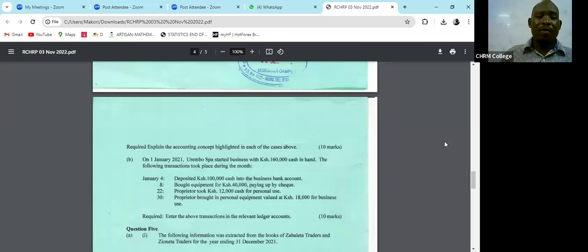Anytime money is received in the business bank account, we debit the bank account. So we are receiving money in the bank account, we debit bank, money is coming from cash, cash is reducing, you credit the cash account. That is what we shall do.